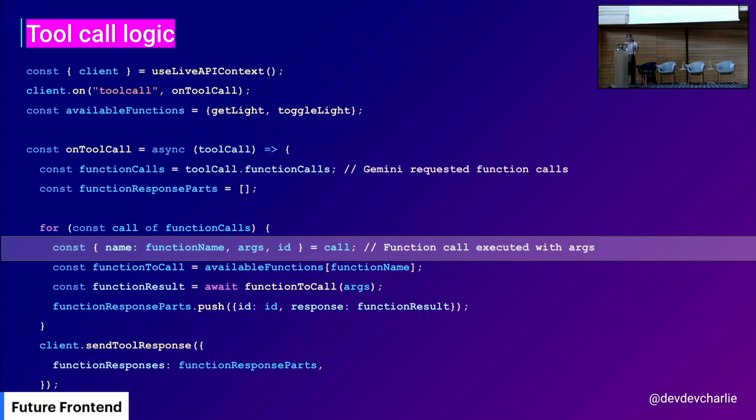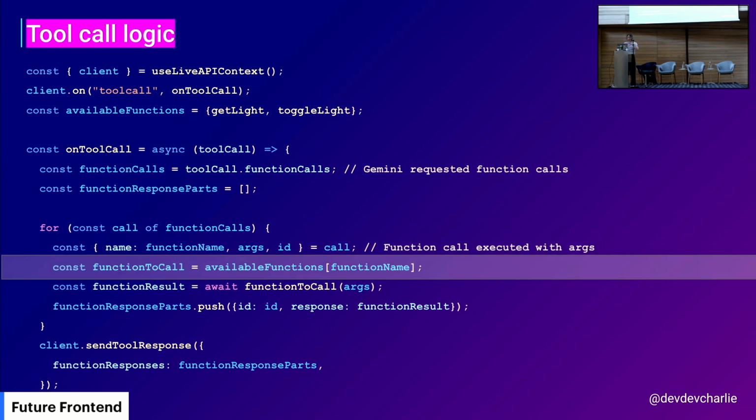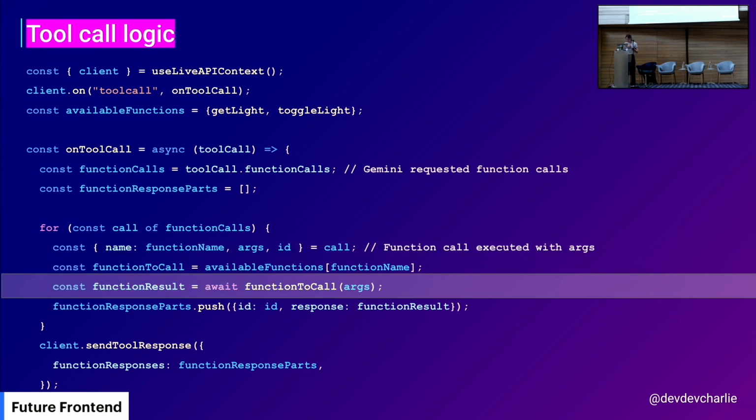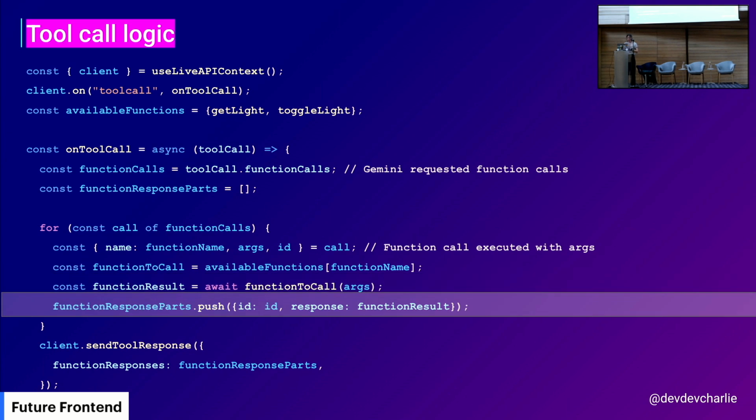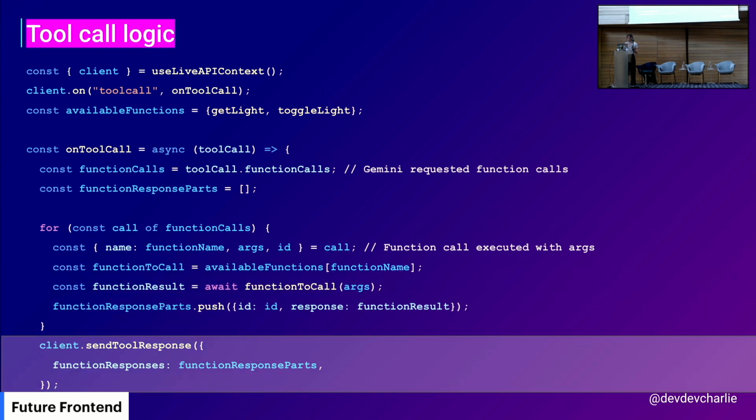At first we're destructuring and extracting the name of the function that it should call. We're calling it with the arguments, and then we're pushing the response from that call to the response parts, and then we're sending that back for another loop. So again, the response of getLight should be an ID, and it will take that ID and send it to toggleLight, also with the on property that it should be sending.